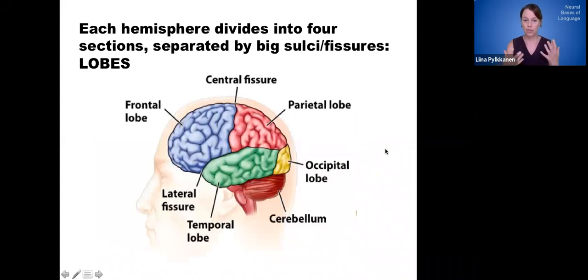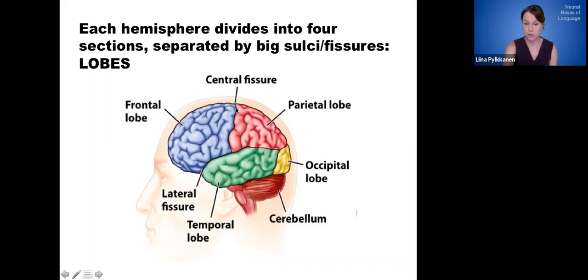Now within the hemispheres, there's also a consistent structure. Each hemisphere divides into four subsections, which we call the lobes. Here you see the four lobes: the frontal lobe, the parietal lobe, the temporal lobe, and the occipital lobe.